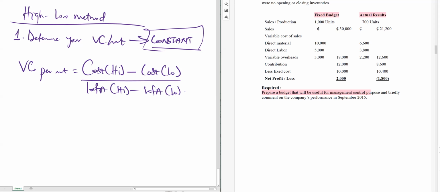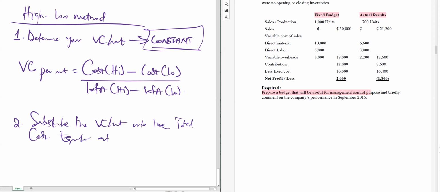Because it is constant, the next step is to substitute the variable cost per unit into the total cost equation at any level of activity given, to arrive at the fixed cost.